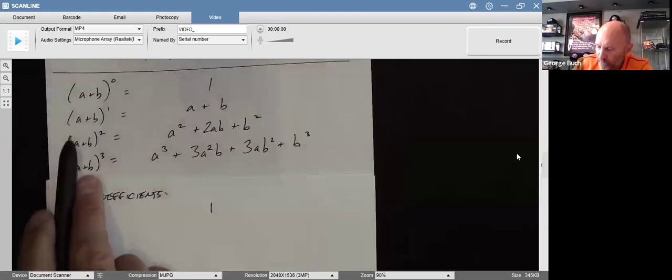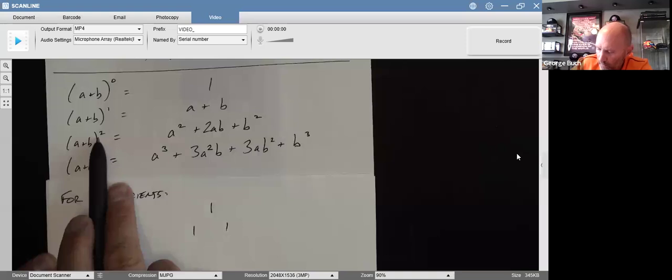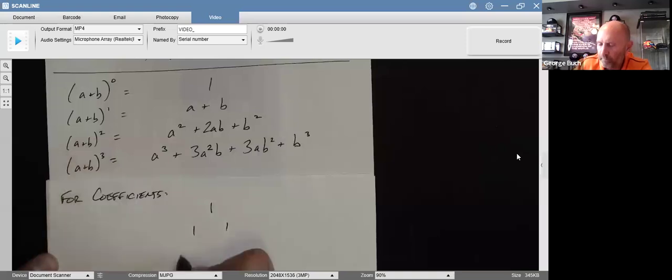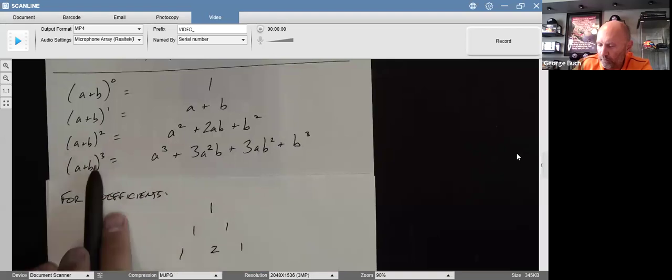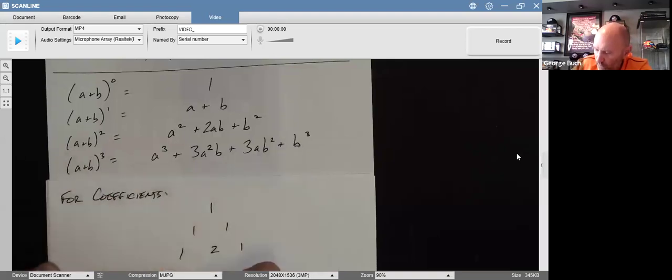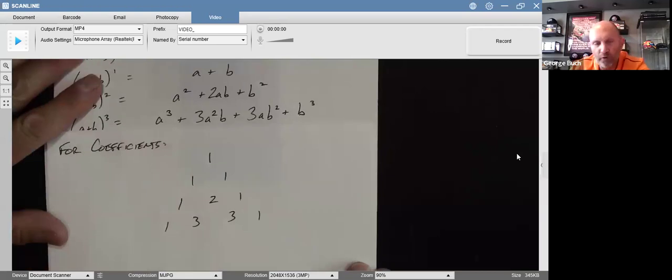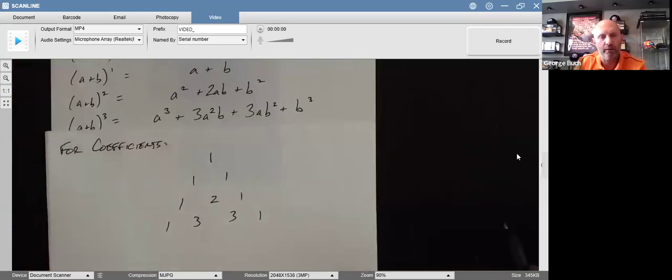For a plus b to the first, my coefficients were 1 and 1. For a plus b to the second, it was 1, 2, and 1. For a plus b to the third, it was 1, 3, 3, 1. So do I have any code breakers here that are starting to notice what is happening?